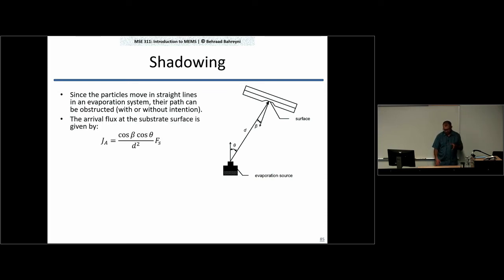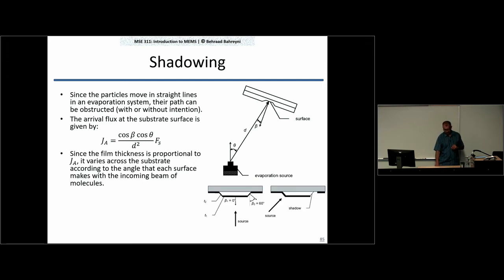This section is explained in more detail in your textbook, but at the end of the story, the thickness of the film on your wafer will depend on the angle between the beam of material coming to your wafer, the tilt of the wafer, and maybe the local topography.